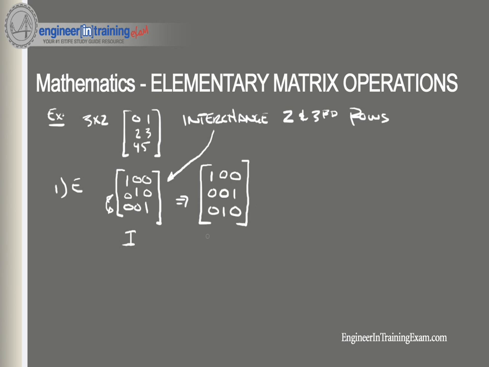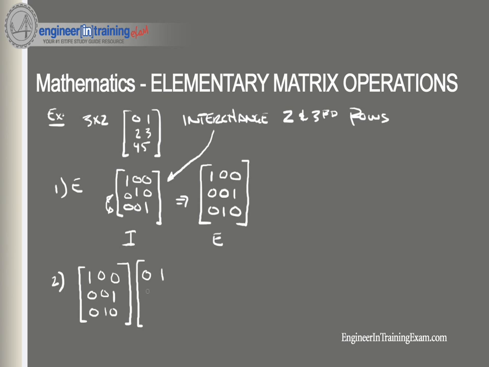So once we define E, we need to pre-multiply the matrix A, or the matrix we're given, by E. So this is how that would look. If we pre-multiply, that means that E will be in front of A, and that matrix is 1, 0, 0, 0, 0, 1, 0, 1, 0. And matrix A is 0, 1, 2, 3, 4, 5.